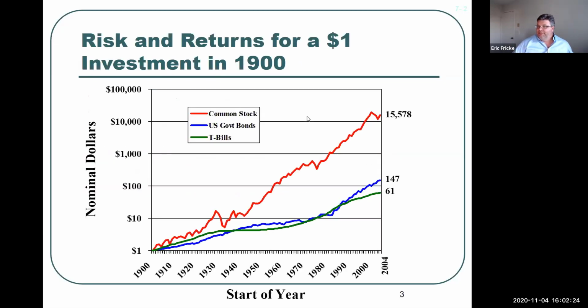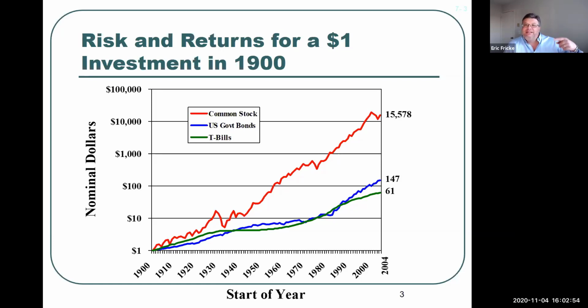All right, so let's take a look at this first slide. What this shows is if you took $1 over 100 years ago and you bought either a share of stock, a U.S. government bond, or a U.S. Treasury bill, what would happen to that $1 after over 100 years?